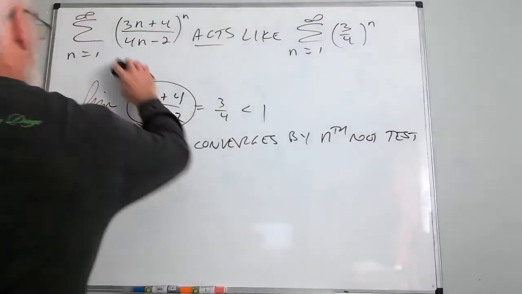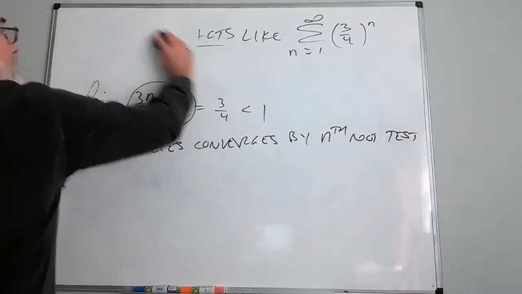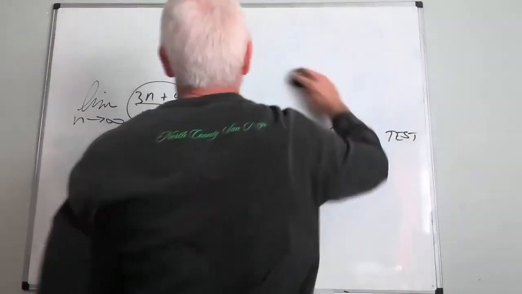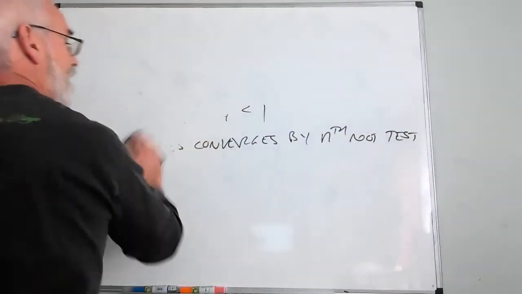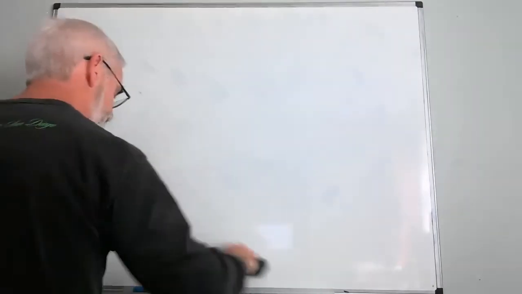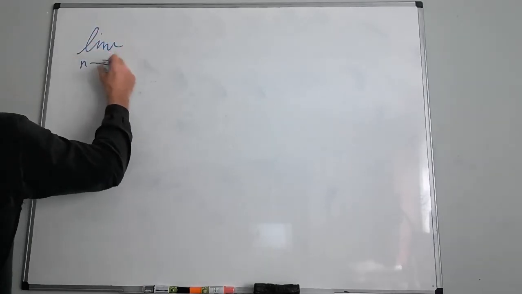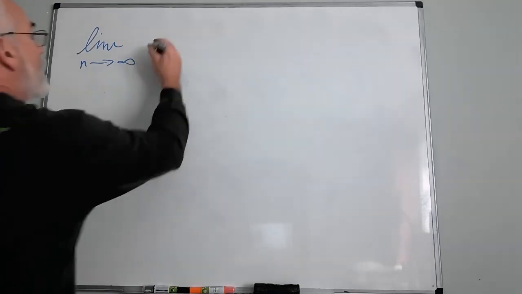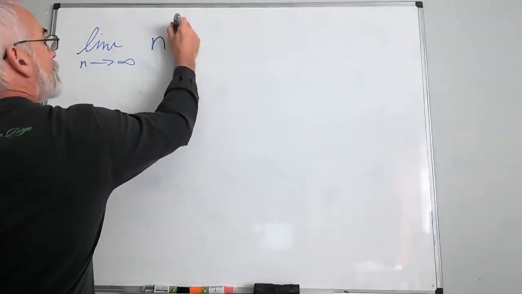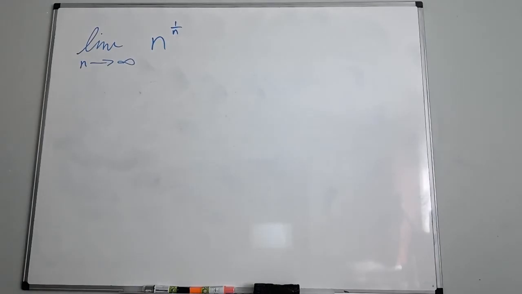Okay. So I'm going to prove something to you first. I'm going to prove a very important statement mathematically that's going to come up a lot when you use the root test. Okay, what if I had something of the form n to the 1 over n power?